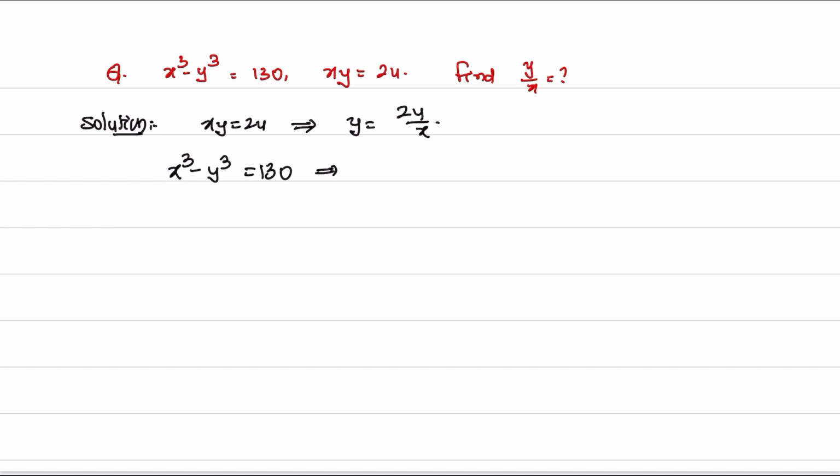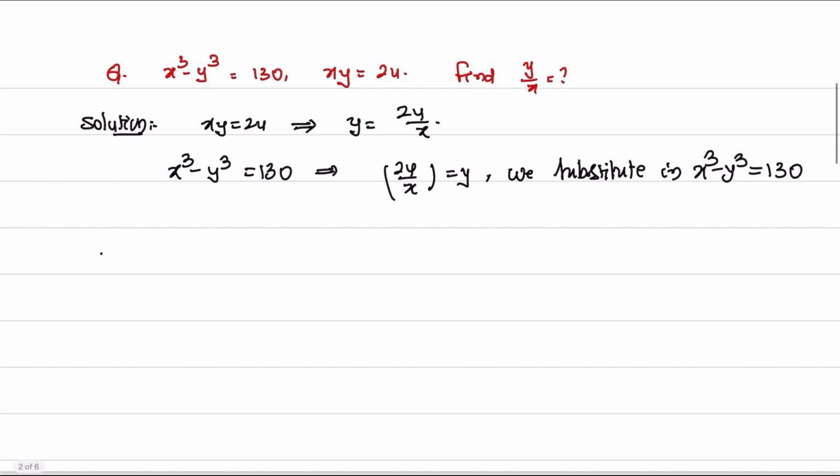By substituting the value of y in this equation, 24 by x is equal to y, we will substitute in x cube minus y cube is equal to 130, which implies x cube minus (24 by x) whole cube is equal to 130.